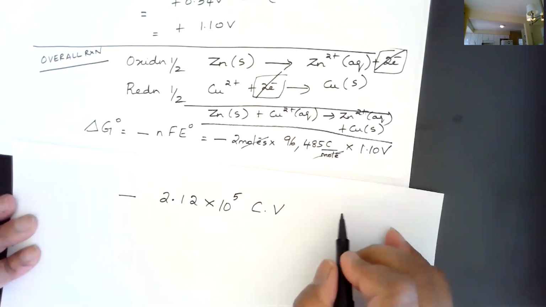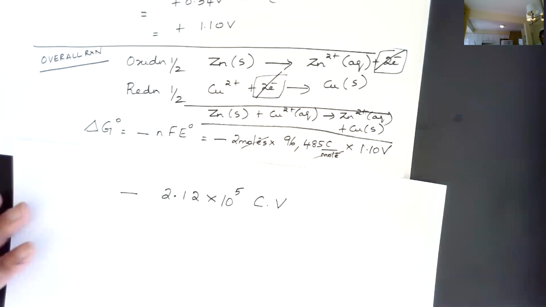So coulomb volt, what should that equal? What unit does delta G have normally? Free energy? What are the units for free energy?